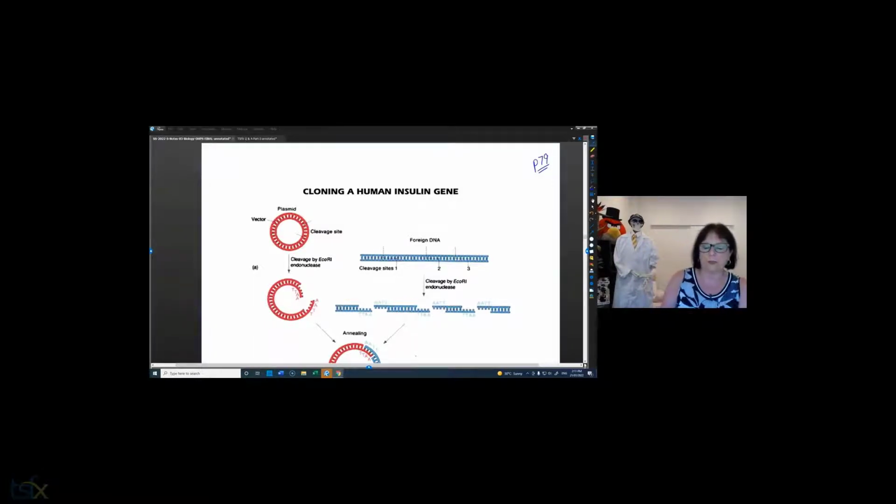Okay, so what we're going to talk about first of all is how we get our target gene, insulin gene, I'll take that example, into a plasmid. This is called recombination. And so what we're doing is, as I say, we are joining human DNA in our example, and that's the insulin gene, and plasmid DNA.